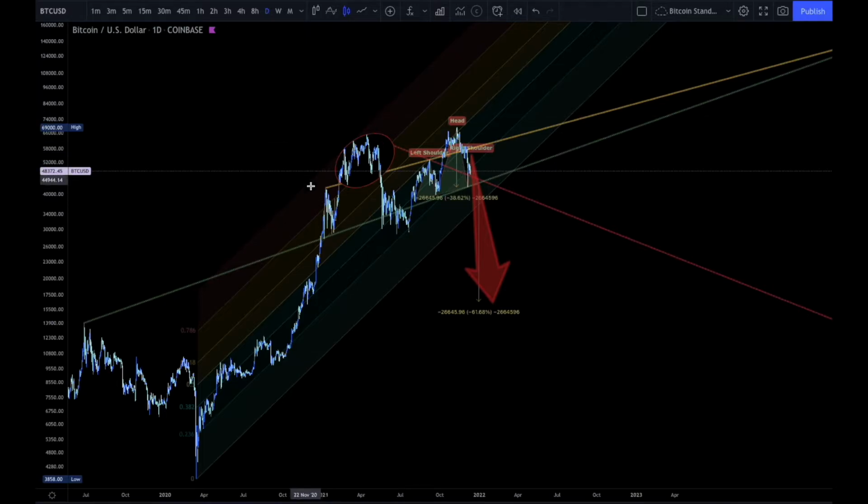And again, what we see is that this structural peak is not going to be retested, even if price action brings us all the way up to this area. We're still not going to retest this region of this Fibonacci channel.